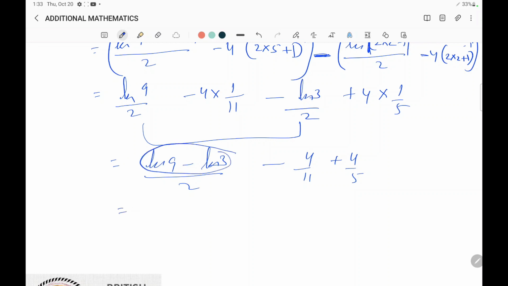Use the log property here: this is ln 9 over 3 over 2, and we can calculate that.